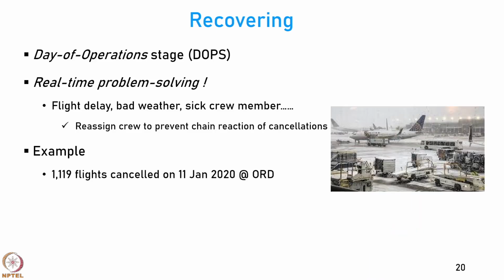Here is an example. On one particular day in 2020, just before the pandemic became very prominent globally, there was a day in January 2020 when more than 1,100 flights had to be cancelled at Chicago because of bad weather. You can see the picture shows an aircraft of United grounded.